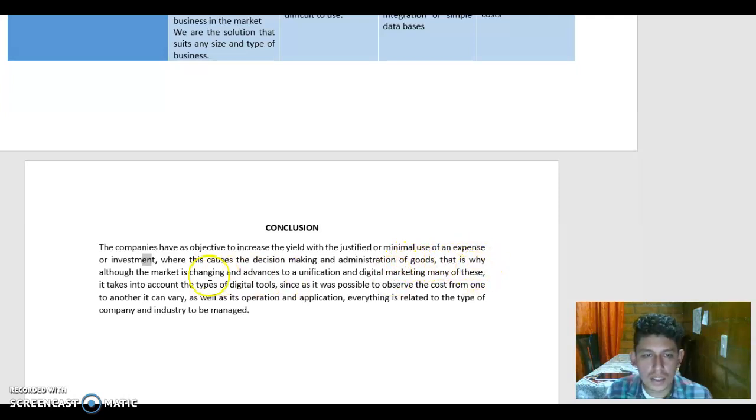That is why our field, the market, is trying of arranging to a unified and digital marketing mind the change. It takes into account the people digital tools.